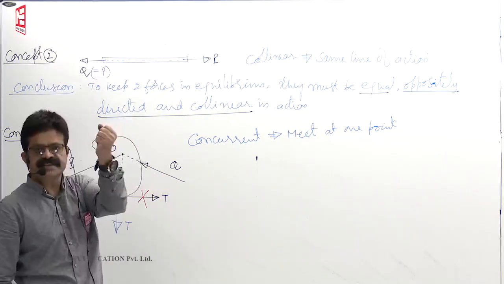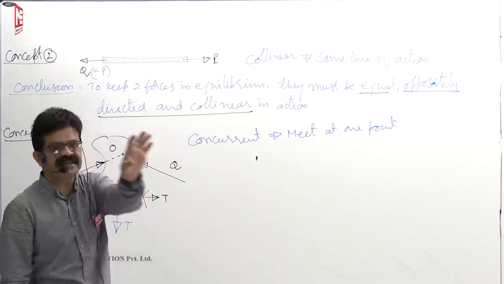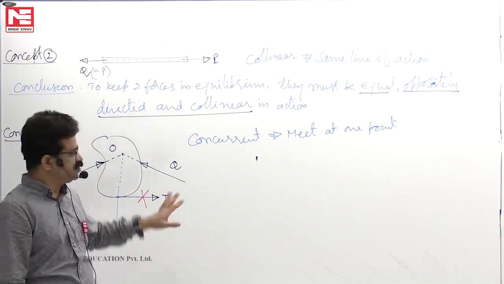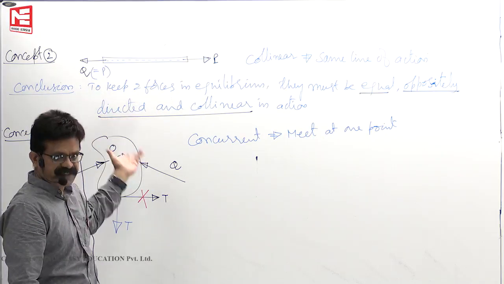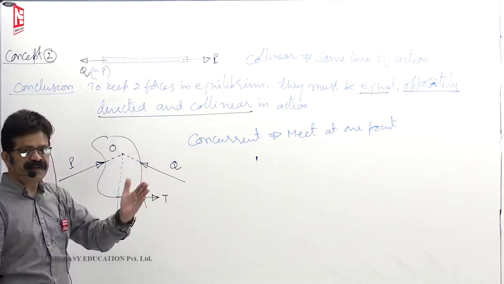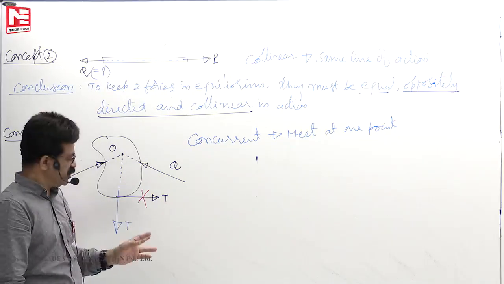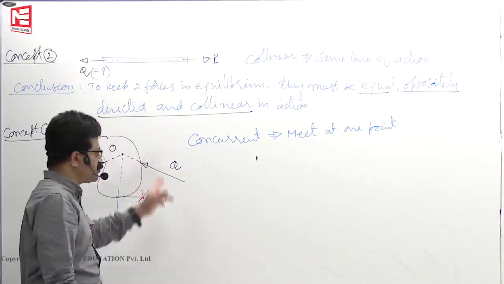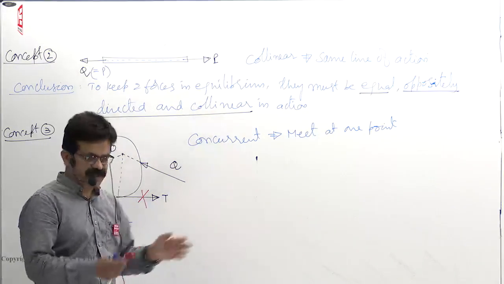So because of this T force, this body will translate. It will not be in equilibrium, because nobody is there on the backside of this body. That means T has no choice. It cannot be out of plane. Nobody will balance that force. It has to be in the same plane. That means to keep three forces in equilibrium, they must be coplanar.